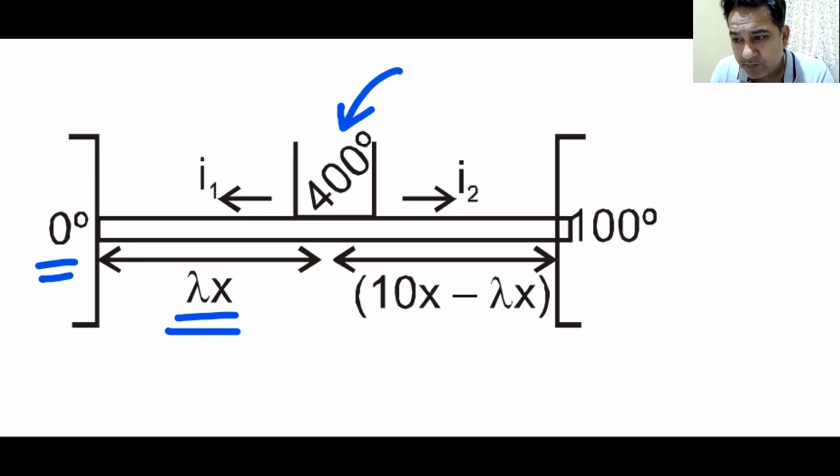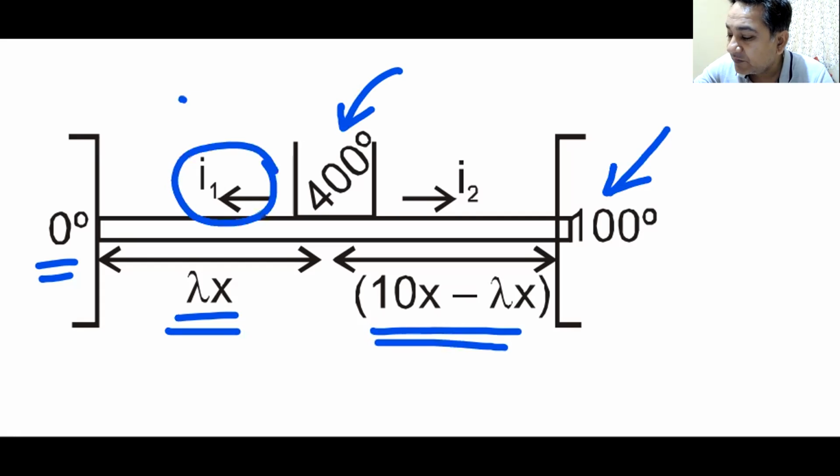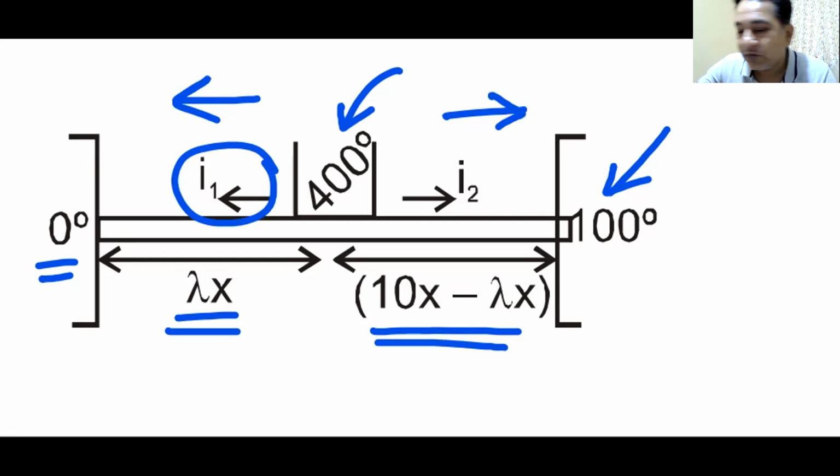Whatever remains is the distance between the point and the other end, 10x minus lambda x. Water is kept at 100 degrees Celsius here. One current I1 flows in this direction. One current I2 flows in this direction.